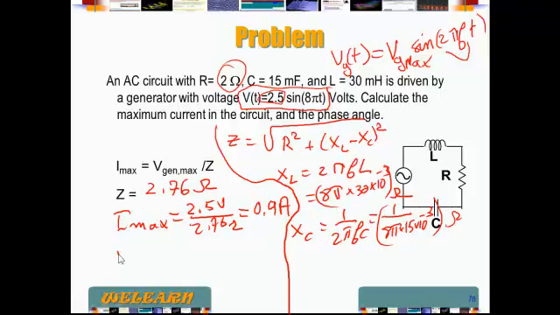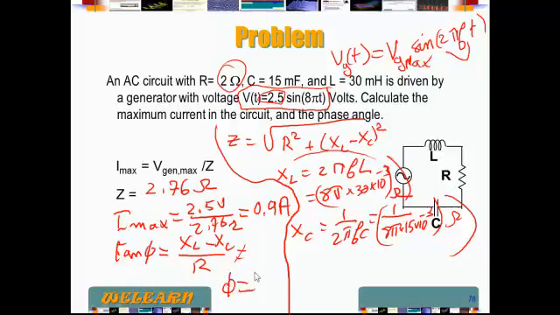Remember the tangent of phi is equal to XL minus XC over R. So we have XL and XC from here. We just plug them in and do the inverse tangent. So we should find phi in this case equal to minus 43.5 degrees.